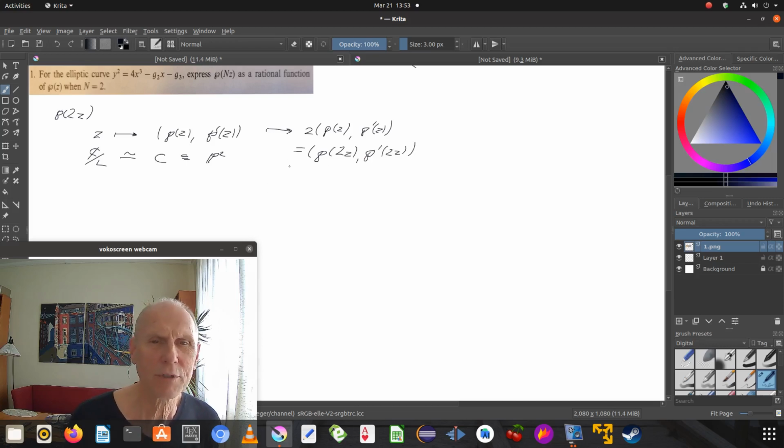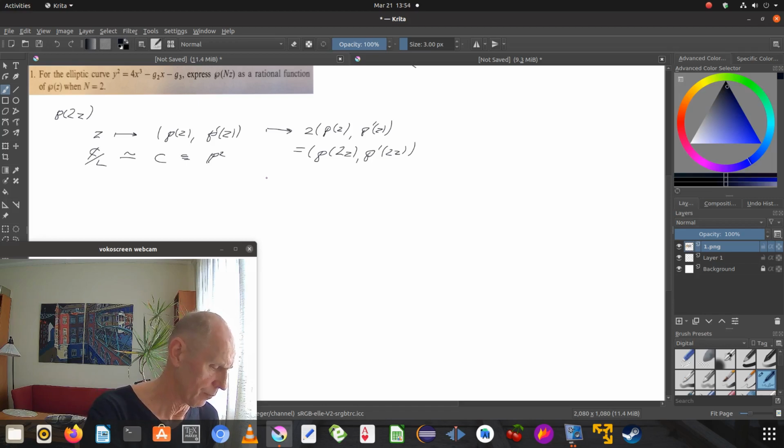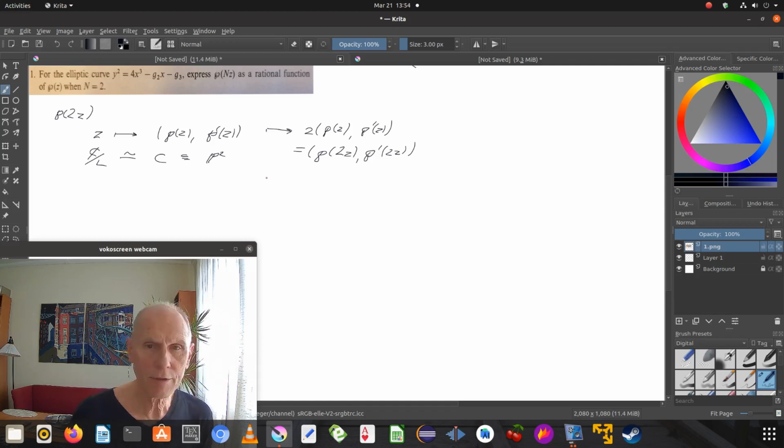So we just have to use the addition formula, or rather the doubling formula, then we should get the expression. And here it is. And it's formula 7.2.